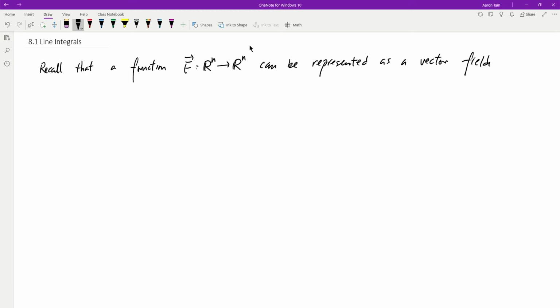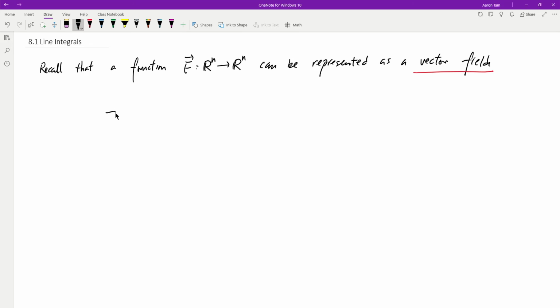One way is as a coordinate transformation, provided that this function is one-to-one and has an inverse. Another way is to interpret it as a transformation that transforms something in the domain to something in the range and forms a new image. Here we do not interpret it as a transformation, but instead we interpret that this function forms some kind of vector field. So how does that work?